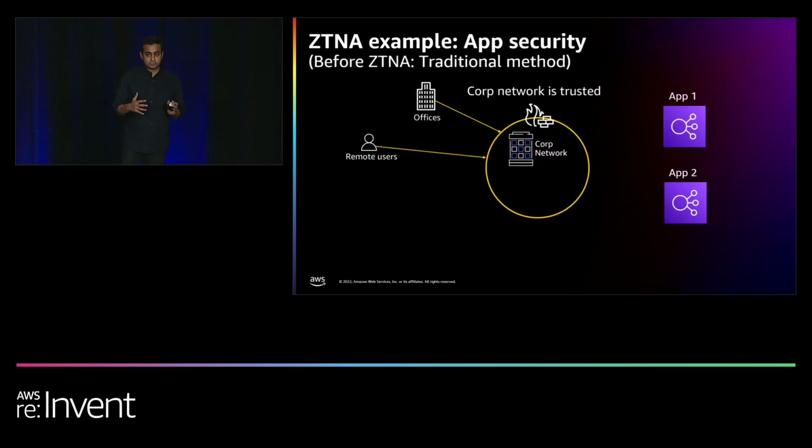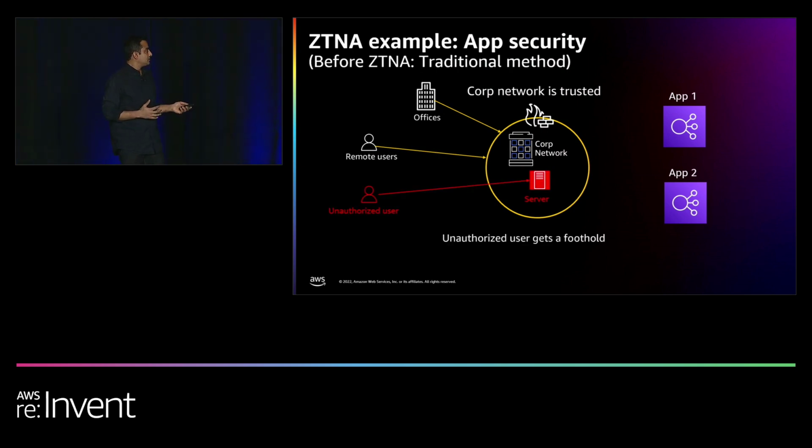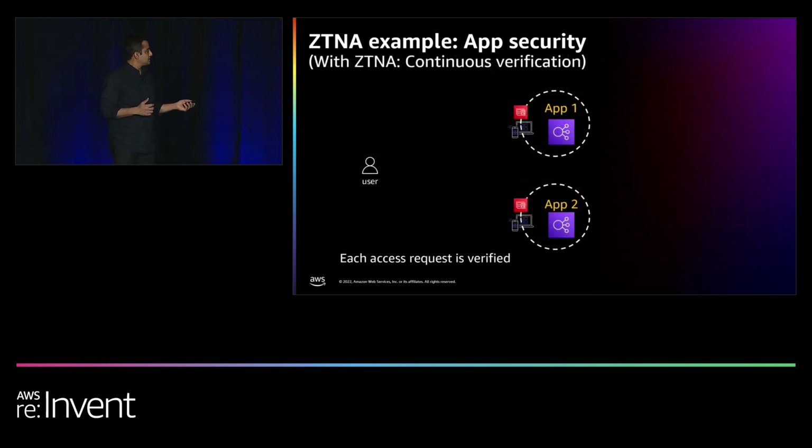So that's connectivity. Let's look from the security perspective at what it looks like. If somebody gets hold of one of your servers, then since the server is in your corporate network, they can use the server and potentially gain access to your applications. With zero trust, we are saying that zero trust will do continuous validation. The first time you access your application, zero trust verifies.